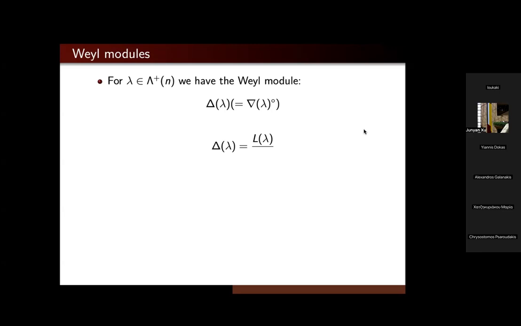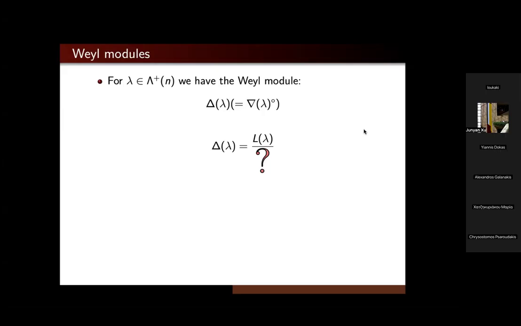The question is, what else is going on? What do you have here? Same old, same old. We don't know. In characteristic zero, we do know. Weyl models and induced models coincide, and are both the irreducible models lambda. In characteristic p, we don't know. It is exactly an equivalent question.